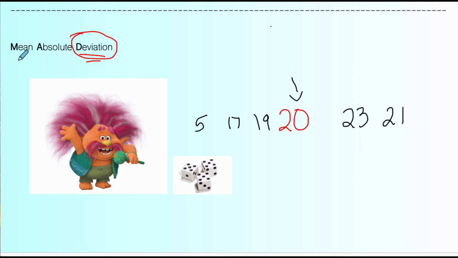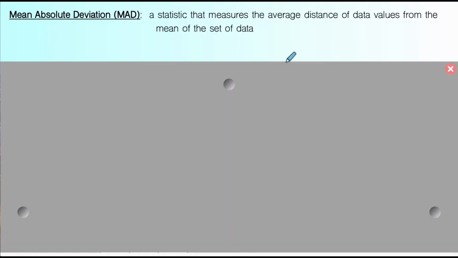And when we talk about mean absolute deviation, we're going to be talking about how far a number is from something. And I'm going to make sense of that for you right now. Mean absolute deviation is a statistic that measures the distance that data values are from the mean, from the average of the set of data.